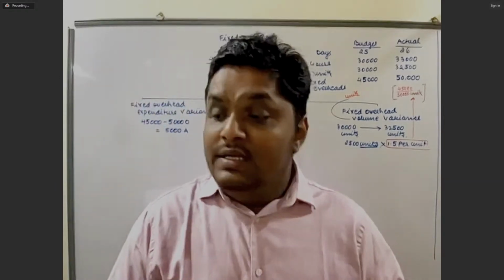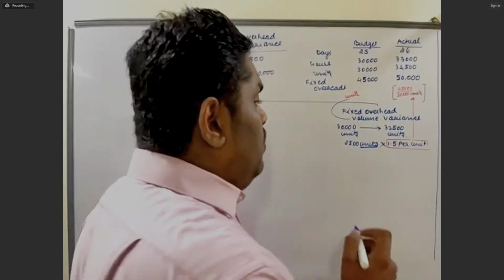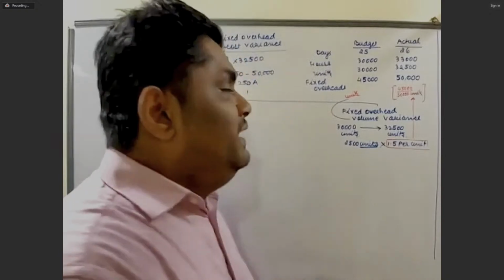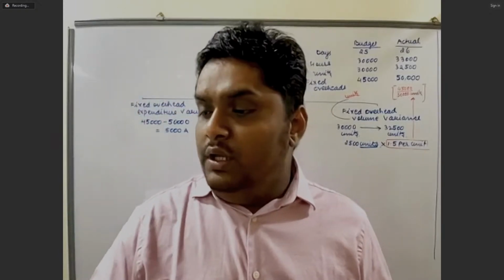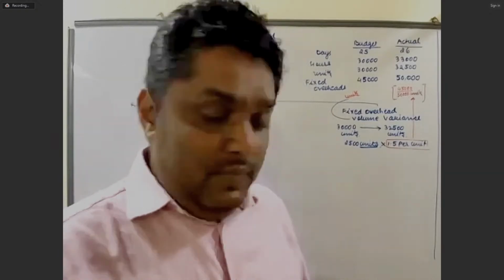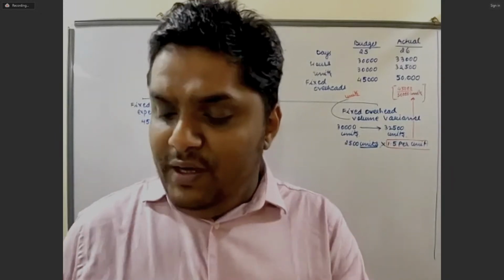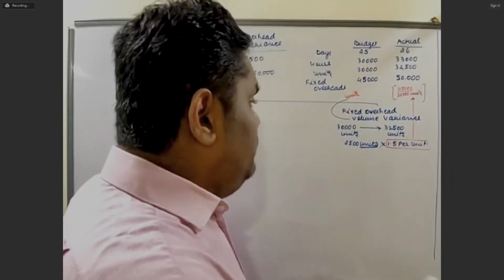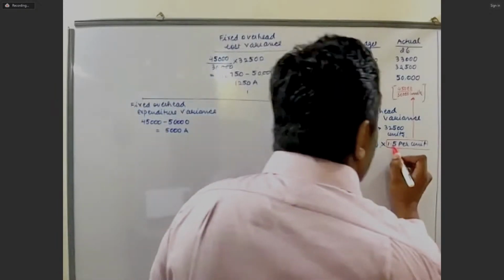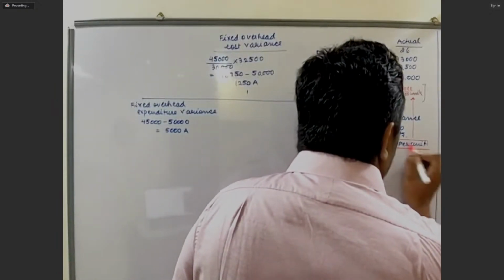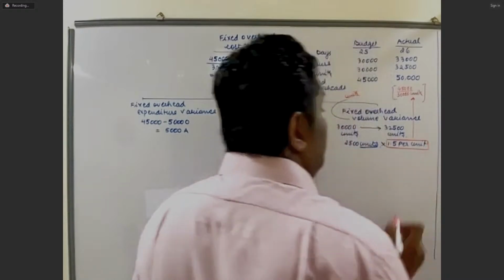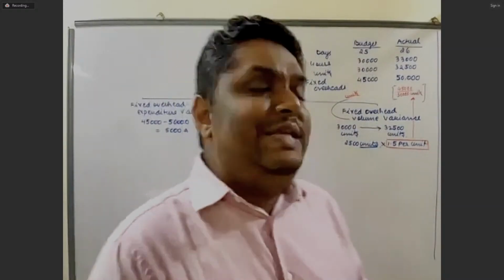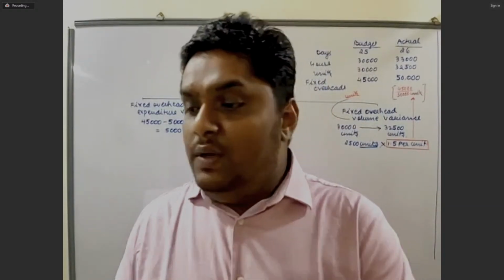Very important: the targeted production was 30,000 units only, however, when the actual figures were out, the actual production was 32,500 units, that is 2,500 units extra. So that's why this variance will be favorable.